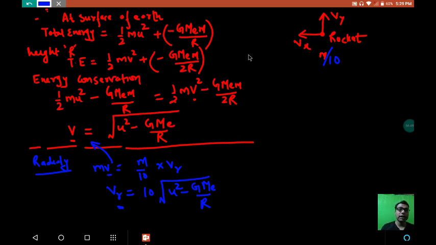Now what is the second part? The second part is that we have to calculate the tangential velocity.